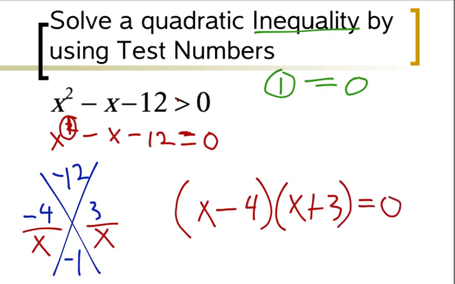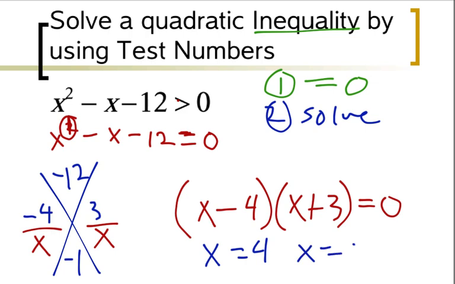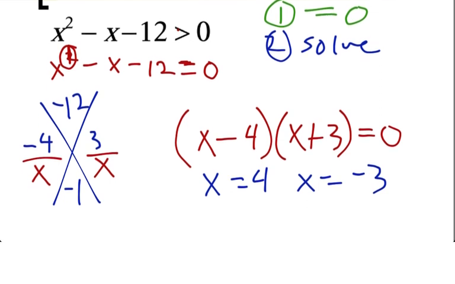And then we continue to actually solve. So step 2 is to solve. Okay? And we get x is equal to 4 and x is equal to negative 3. Now we actually come back to our original equation, the x squared minus x minus 12, and we're going to have to use what we call test points.